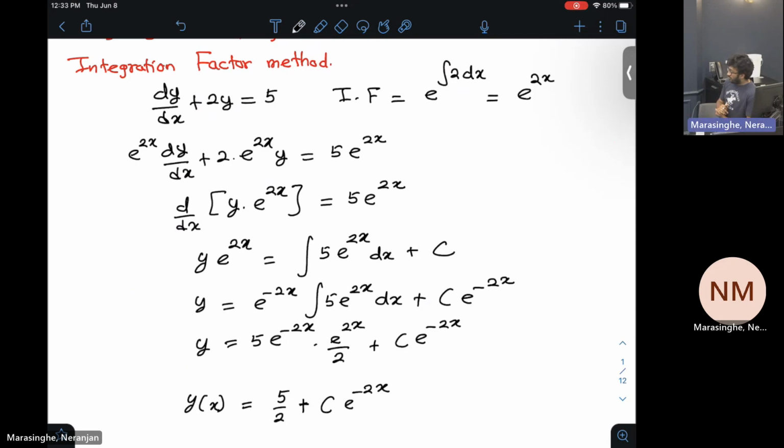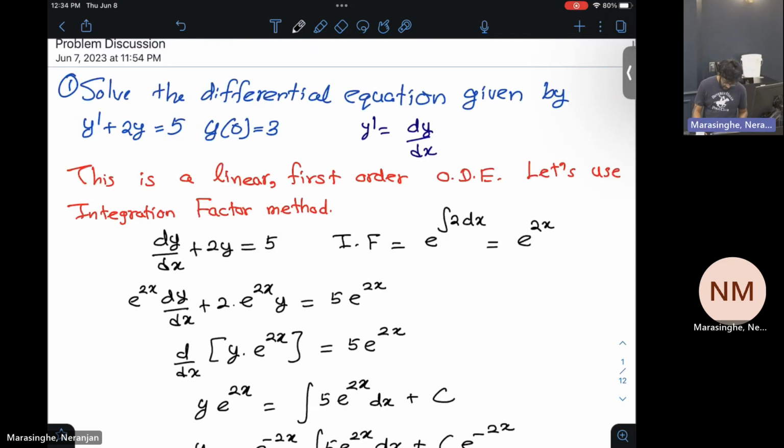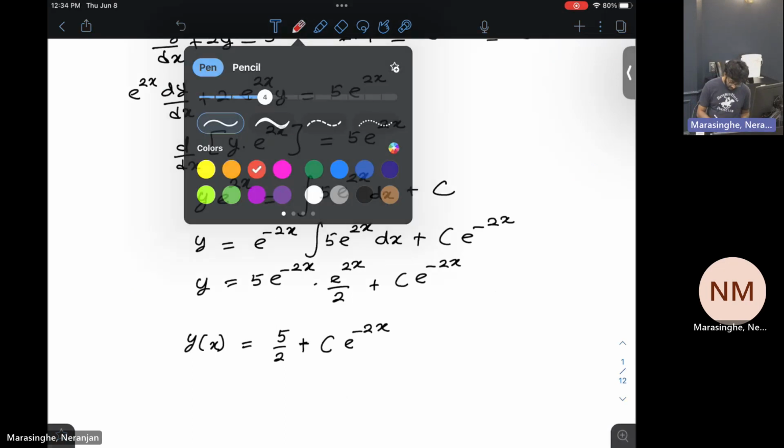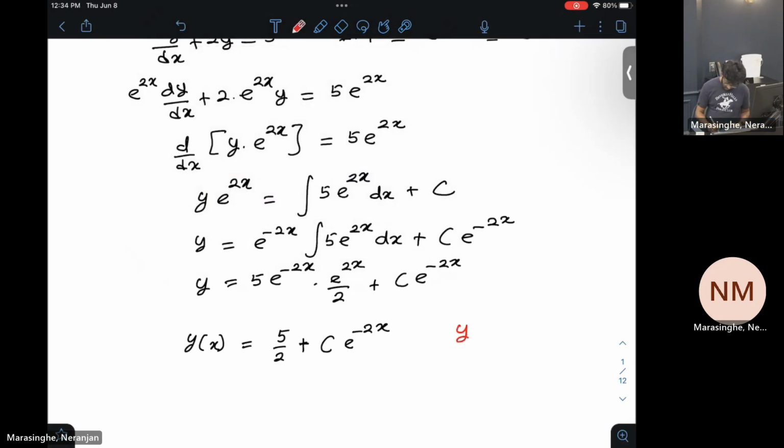Okay. Now our final goal is to find the value of the constant. For that, we have to use the initial condition. What was the initial condition given? It's given that y of 0 is equal to 3.